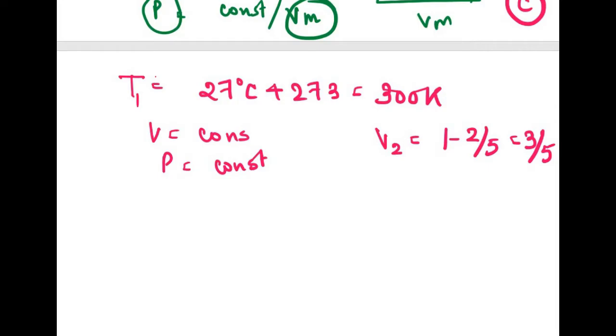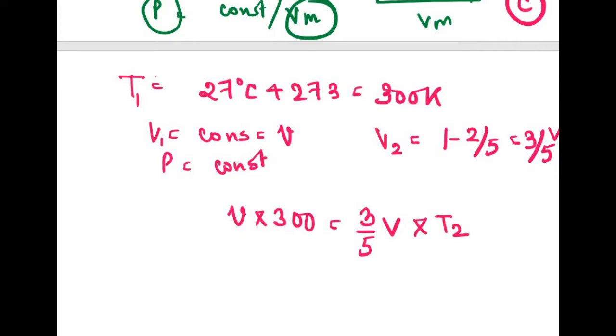So supposing the volume at the initial temperature was V, then the final volume would be 3/5 of V, right? So we can say volume into initial temperature 300 Kelvin is equal to the remaining volume into final temperature.